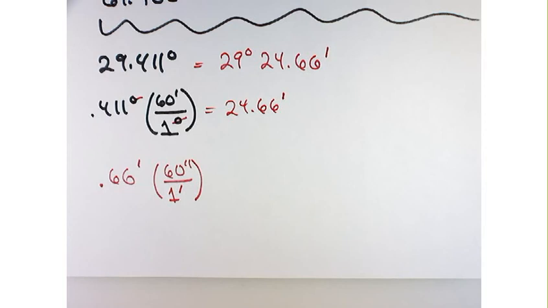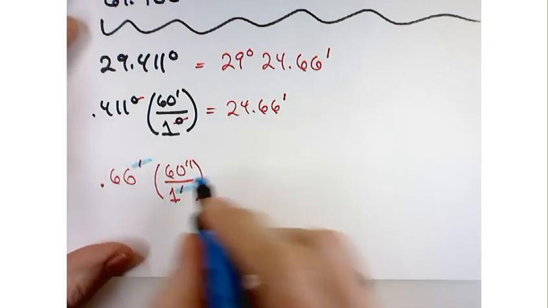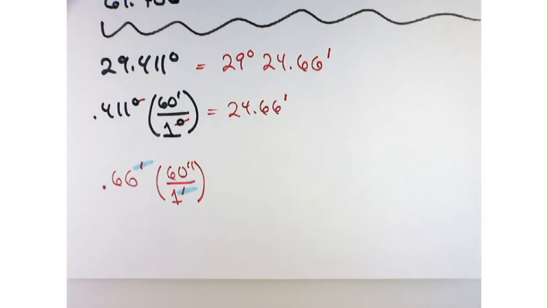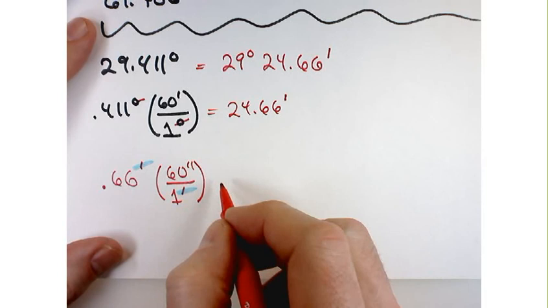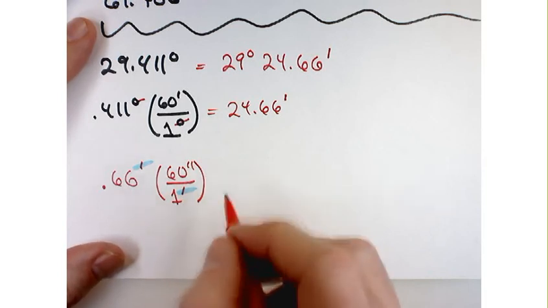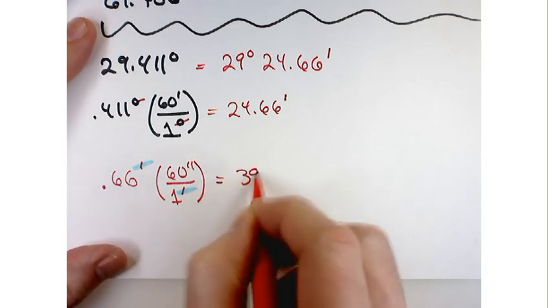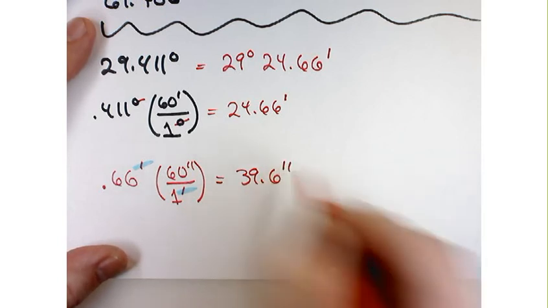Let me find a correct implement of math instruction. There we go. 0.66 times 60, I think, is 39.6. All right, so 39.6 seconds.